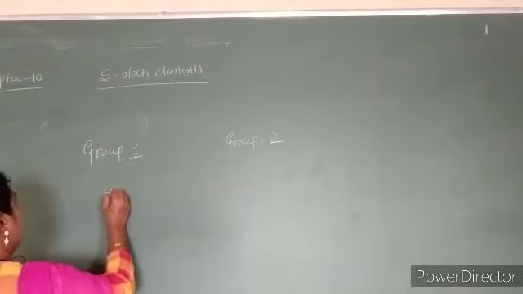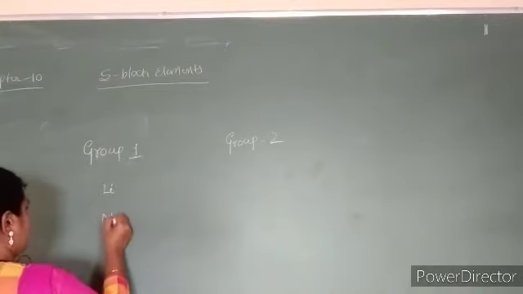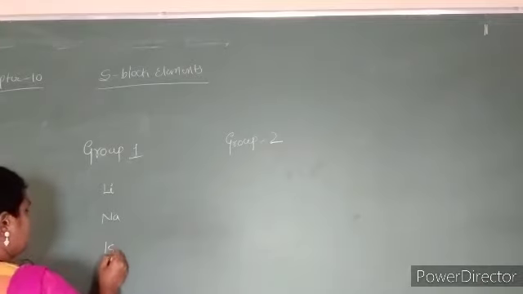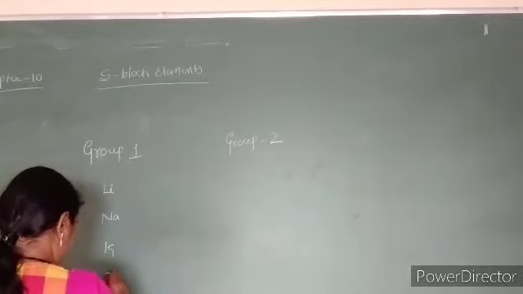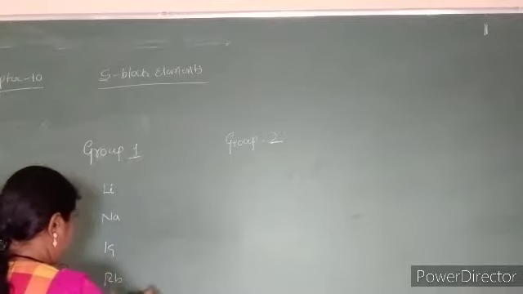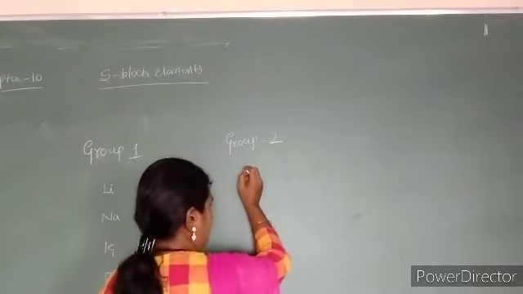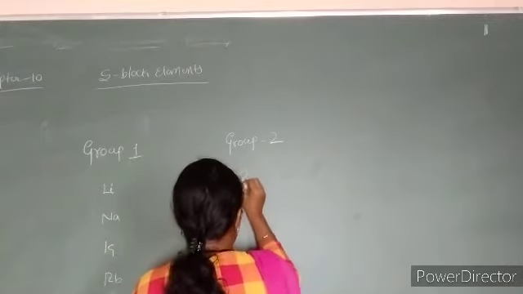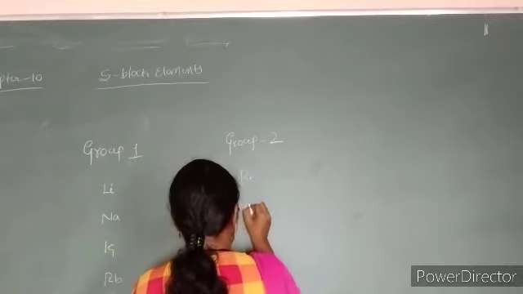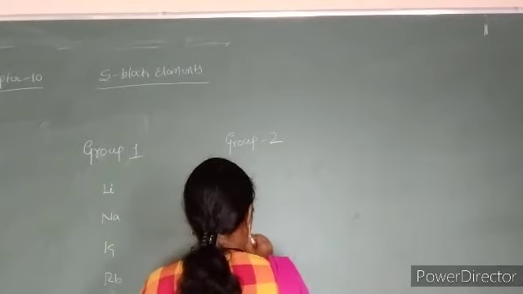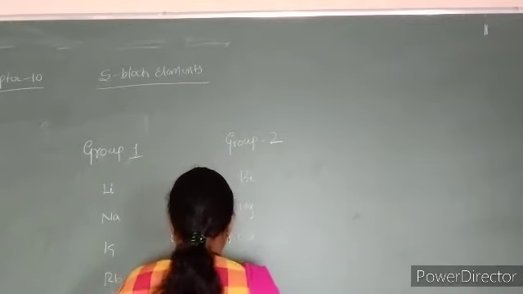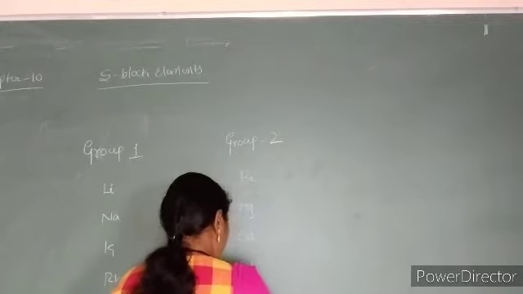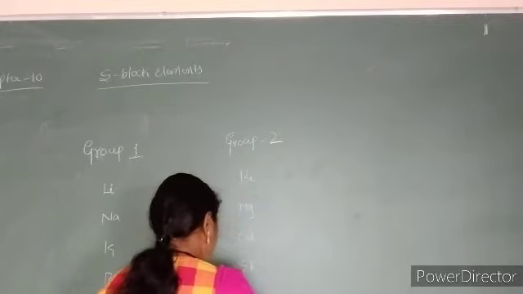The group 1 elements are lithium, sodium, potassium, rubidium, cesium and francium. So next, the group 2 elements are beryllium, magnesium, calcium, strontium, barium and radium.